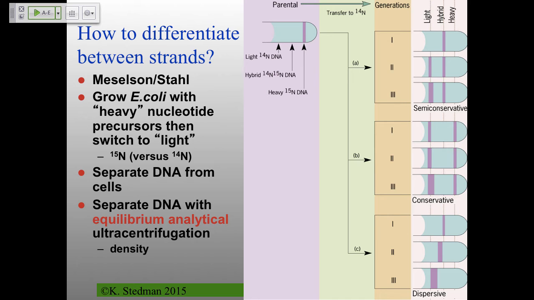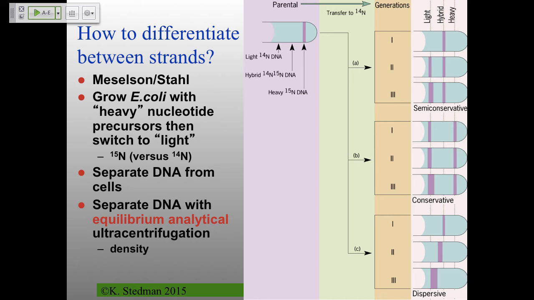So you grow your E. coli in the N15. All of your E. coli DNA is going to have N15 in it. Then you switch it to growing in N14. All of the new DNA which is being made will be light DNA.